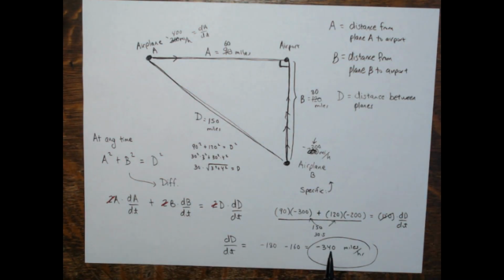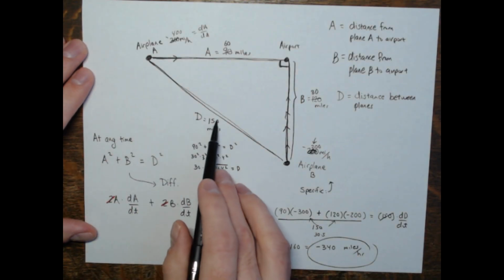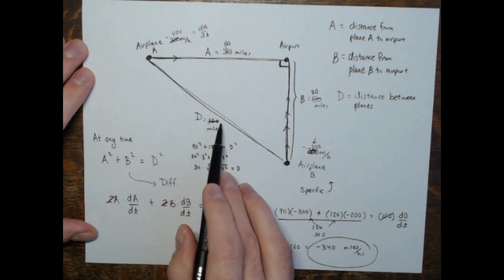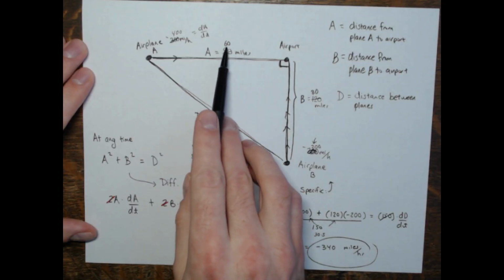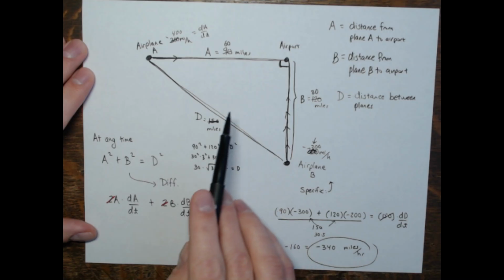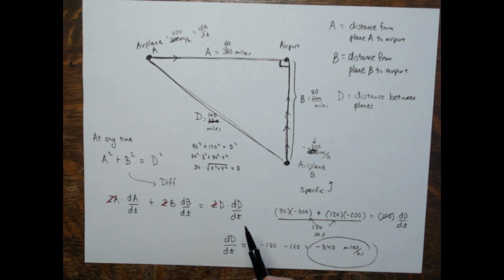So again, all the same stuff, right? A squared plus B squared equals D squared, where D is the distance between the planes. So again, that's 3 times 20, 4 times 20, so it should be a 5 times 20. They should be 100 miles apart at this moment: 60, 80, 100, right triangle.